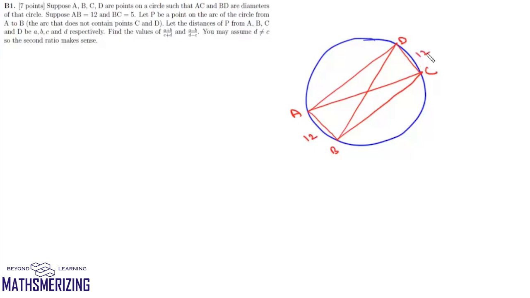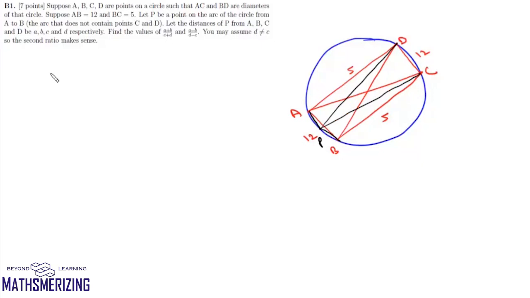CD is also 12, and then BC is 5, and this AD is also 5. Now it says there is a point P in between A and B. So we have this point P, and then we'll join P with ABCD. We'll need to find the value of A plus B upon C plus D.